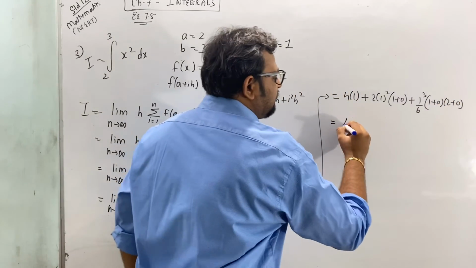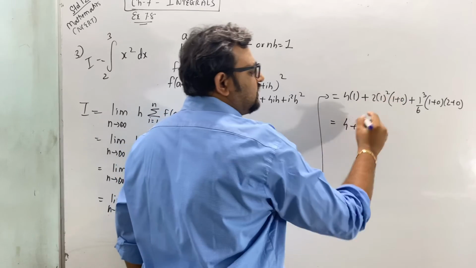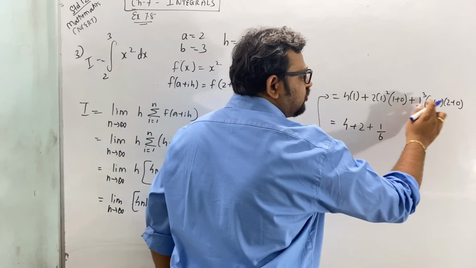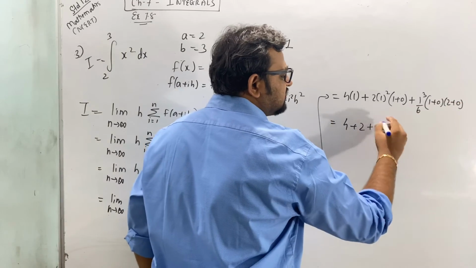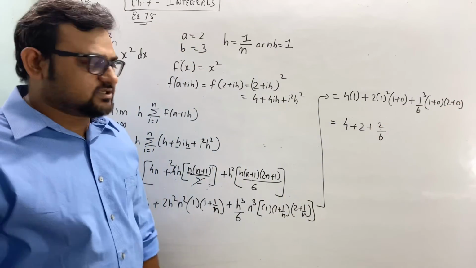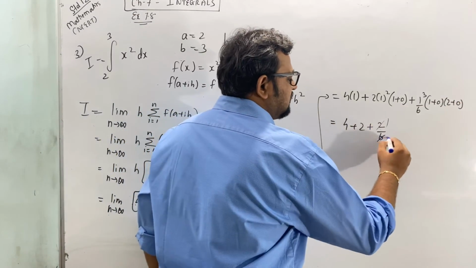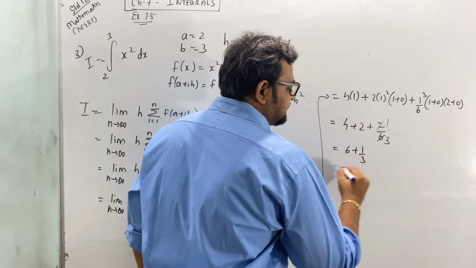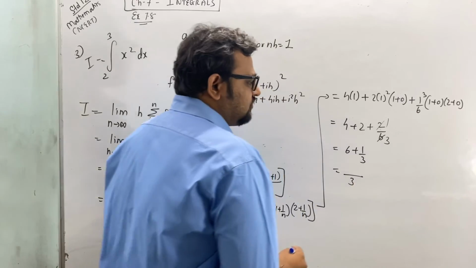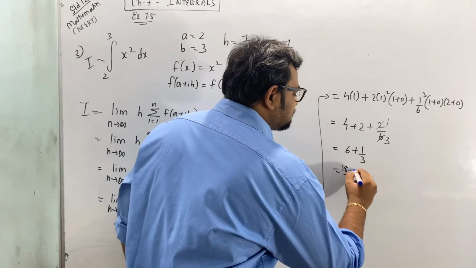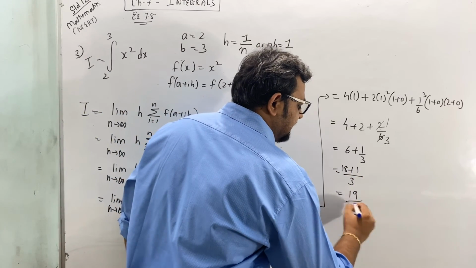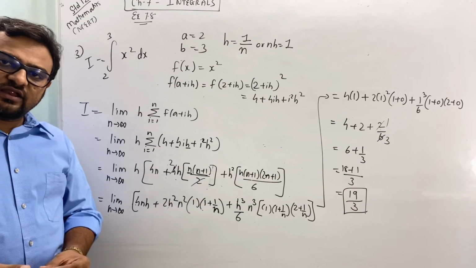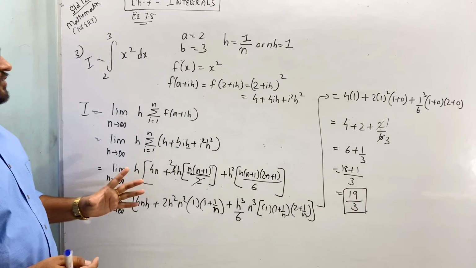So 4 into 1, 4, 2 into 1 square into 1, 2, 1 cube by 6, 1 cube into 1 into 2, so it's 2 by 6. So 2 ones are 2, 2 threes are 6, clear. 4 plus 2, 6 plus 1 by 3, taking LCM, 6 threes are 18 plus 1. So this will be 19 by 3. Clear? Okay, so this was question number 3.